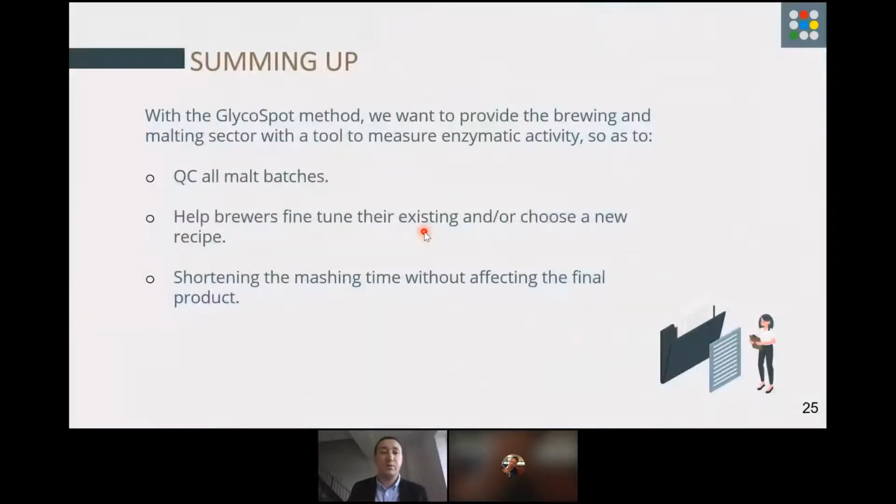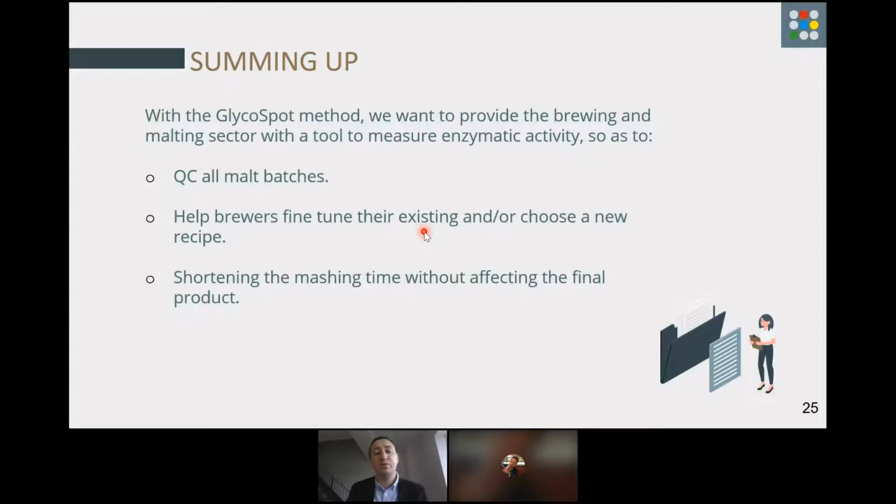So summing up, with the GlycoSpot method, what we want is to provide the brewing and the malting sector with a tool to monitor or to measure enzymatic activity. And the purpose of it is to be able for you to measure the activity in all the malts that you receive as a brewer or that you send as a maltster.